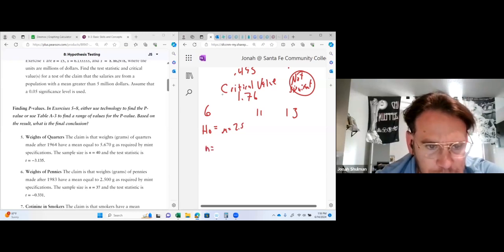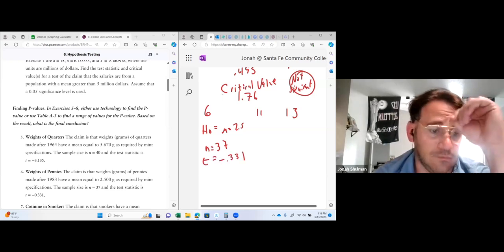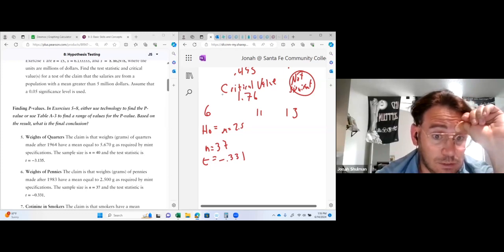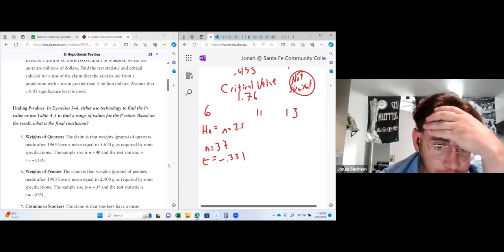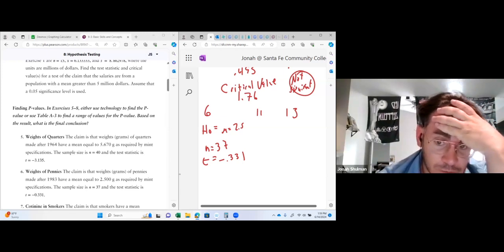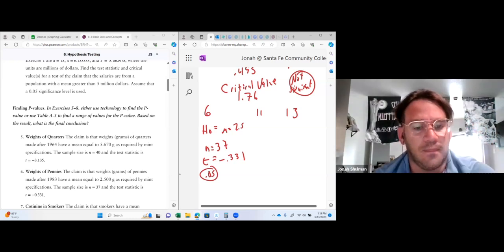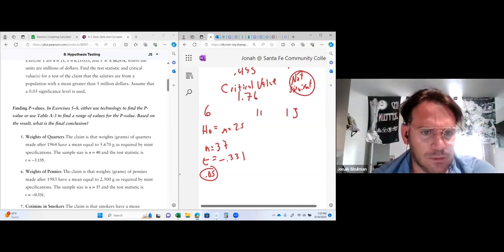We have an n of 37, which is good, and we have a test statistic of negative 0.331. I guess I'll just use 0.05. This is a two-tailed test here. Right, this one's a little weird.